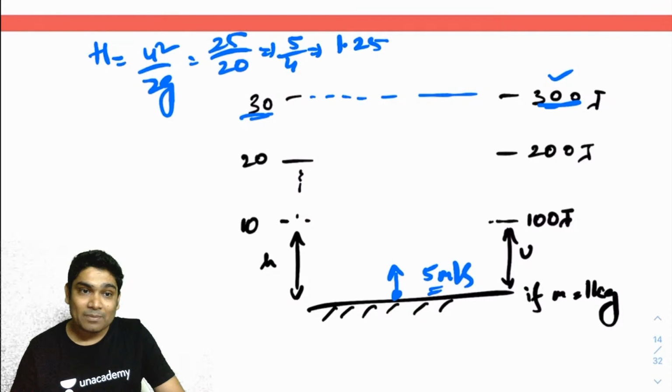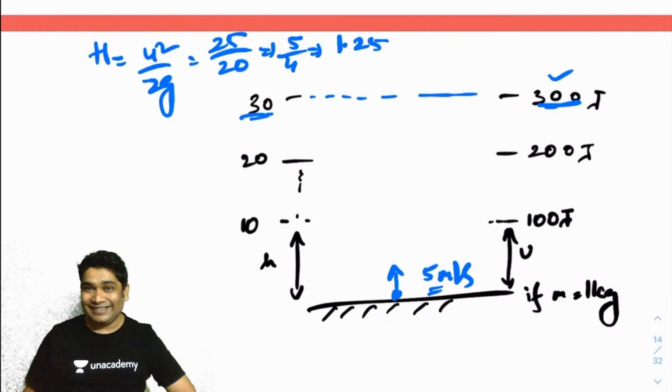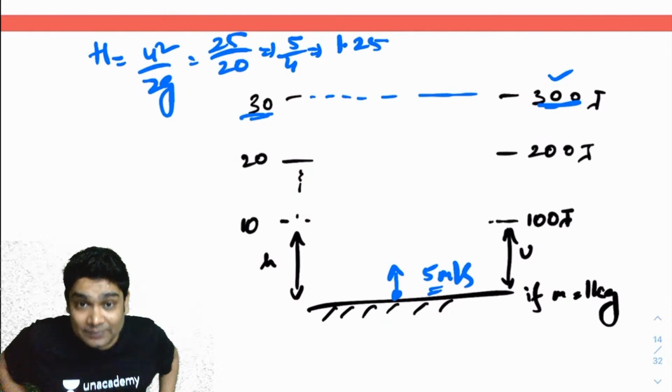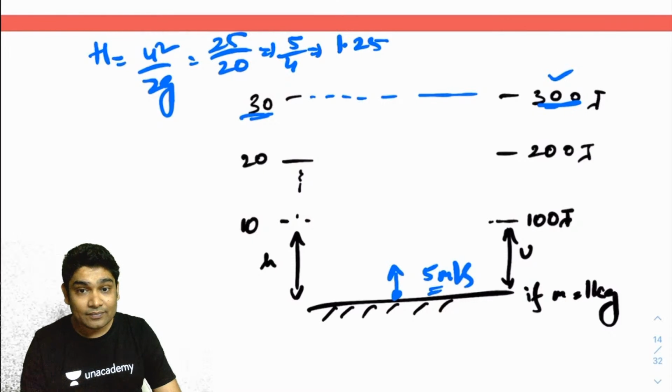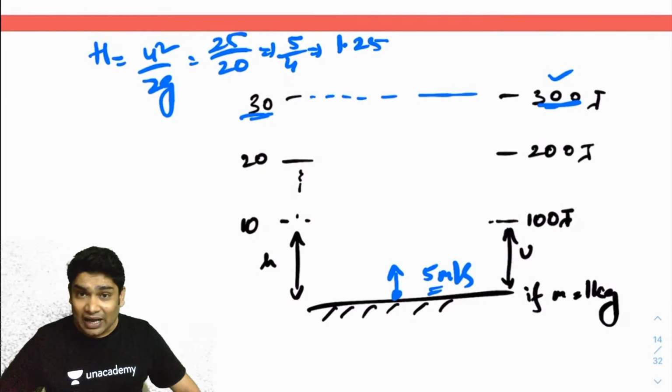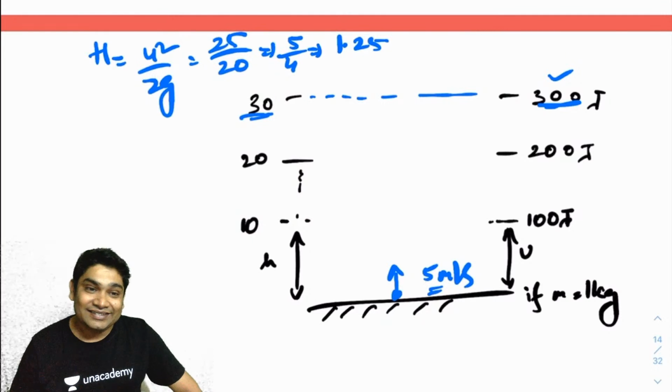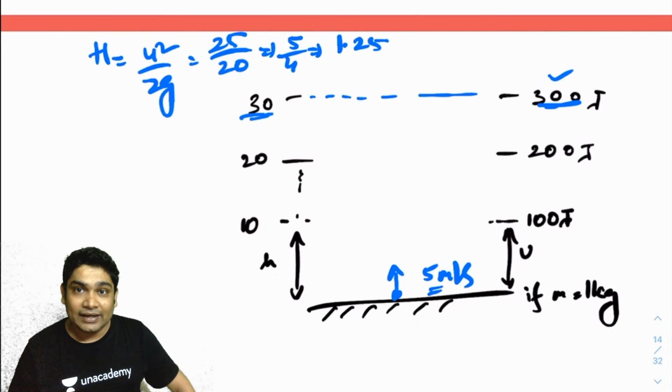Does that make sense? Now is it clear? Me marking these values does not mean whether this guy can reach there or not. These values are true whether this guy reaches there or not. Agreed?